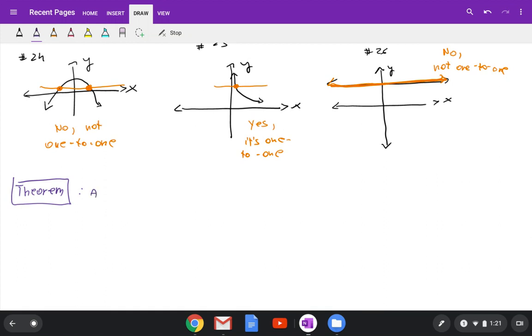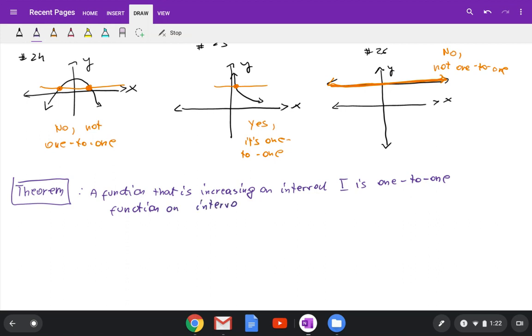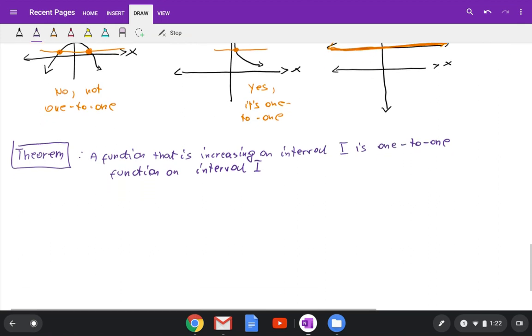A function that is increasing on interval I, so again, depends on the problem, is a one-to-one function on interval I. And the same thing with decreasing.